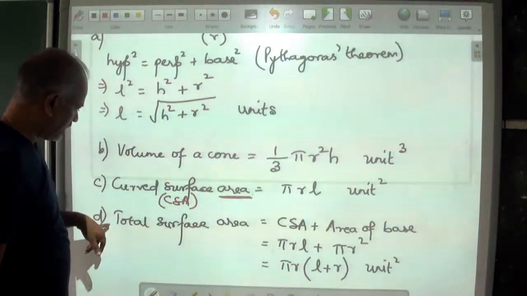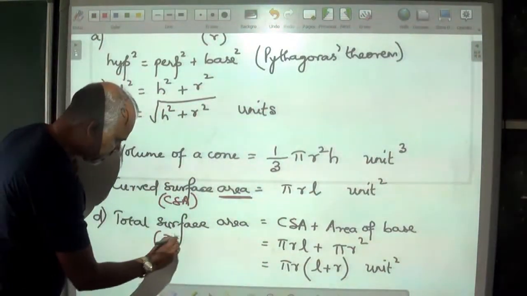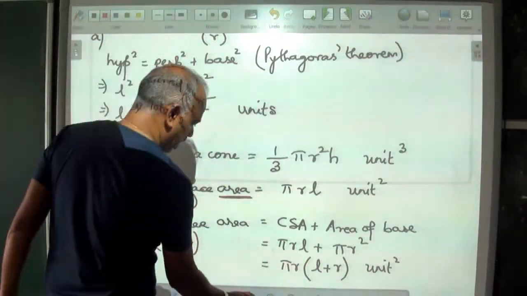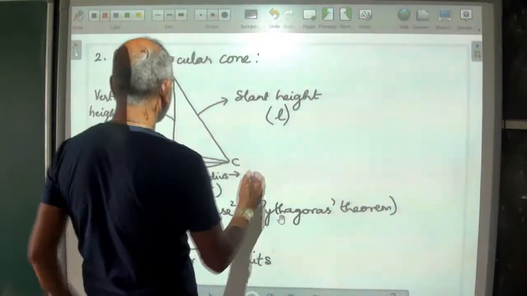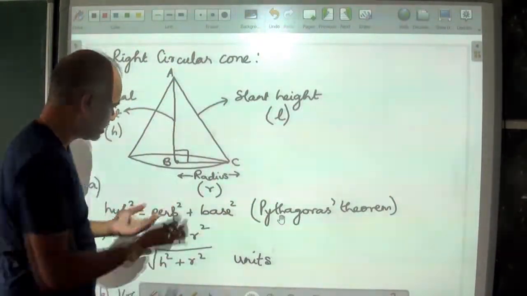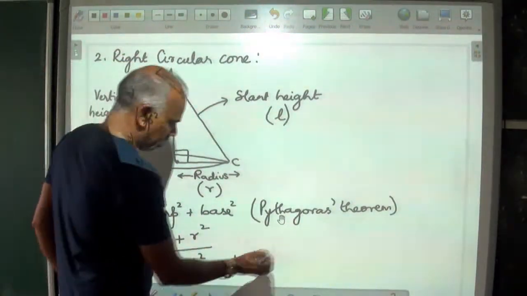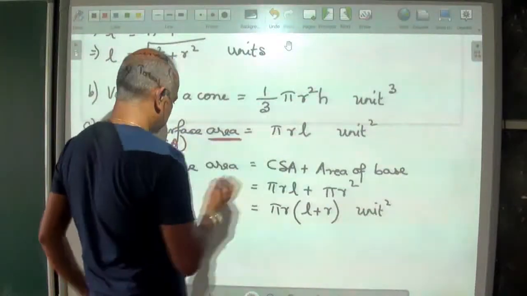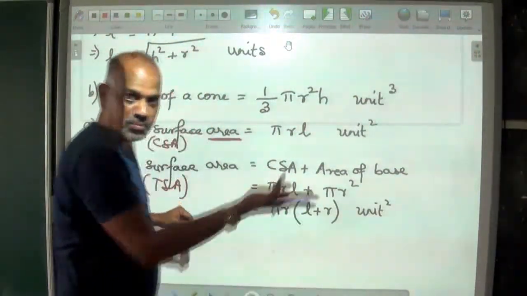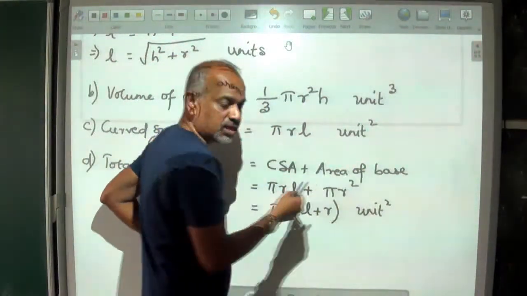Then the last formula is total surface area, in short TSA. Let's go back to the figure. How many surfaces does it have? One is this curved surface, and the other one is flat, which is in the shape of a circle. Therefore, total surface area is the curved surface area plus the area of the base, which is a circle.